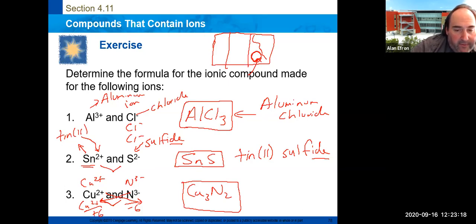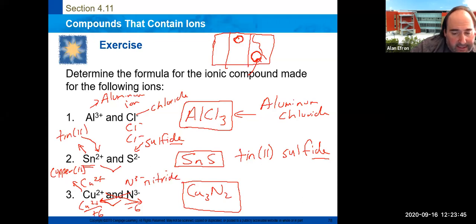Same thing with copper. If you look at copper, copper is smack dab in that transition metal region, which means it also can have multiple charges, which means if we were to name the cation by itself, this would be copper Roman numeral 2, again, the 2 for the charge. And nitrogen gets the -ide at the end of it and goes from nitrogen to nitride.